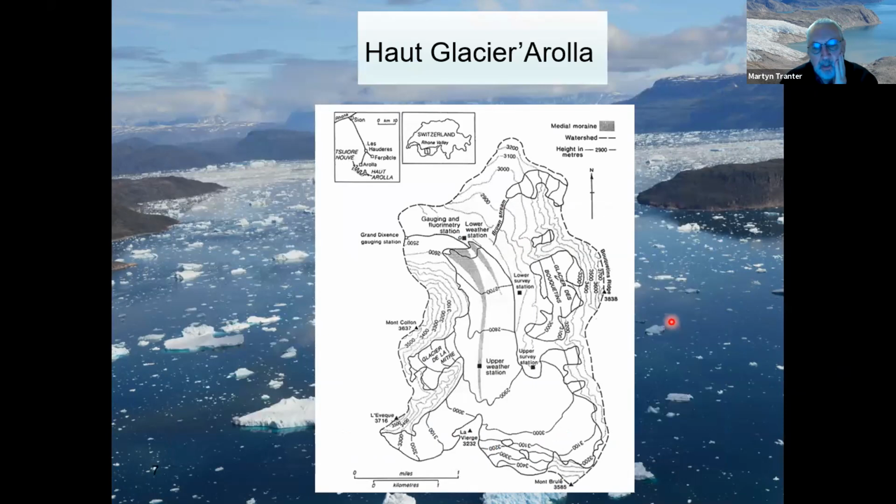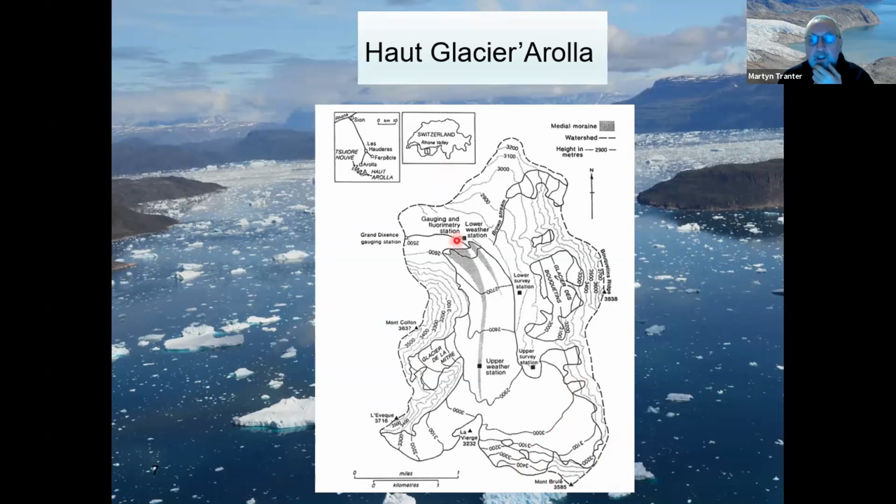And when I started my postdoc work, when I was first a lecturer back in the early 80s, I had the privilege to work on Glacier d'Arolla with workers from Southampton and from Cambridge. And this is what Julian Dowdeswell calls a piddly little lump of warm ice in the Alps.